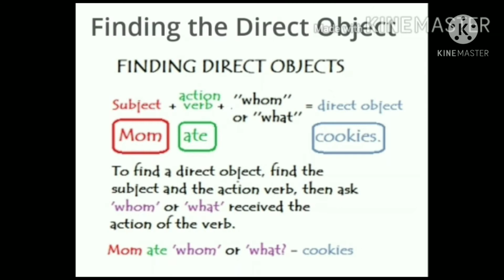Then ask what or whom received the action of the verb. Here now, mom ate whom? Can it be possible, mom ate whom? No, it can't be, because whom is always related to a person and your mom can't eat a person. So mom ate what? The answer is there, cookies. So cookies is the direct object.